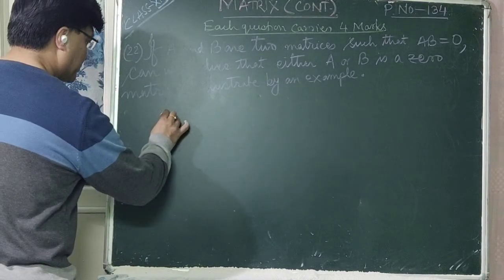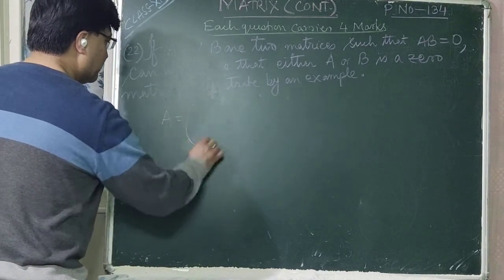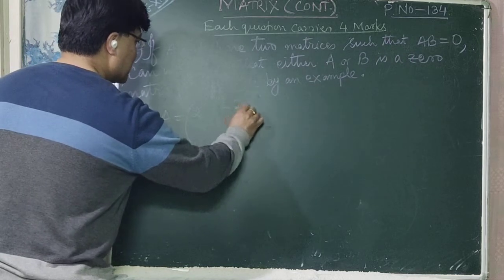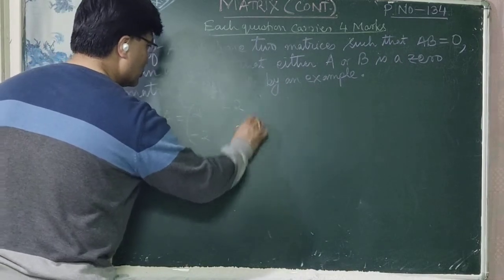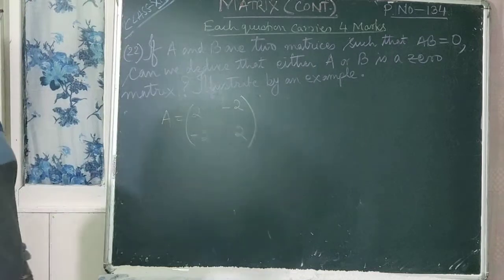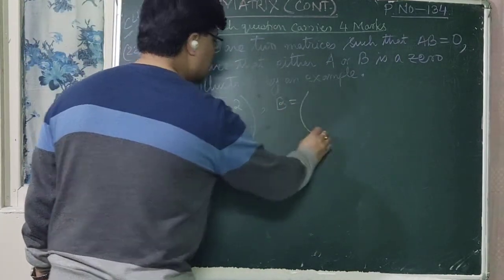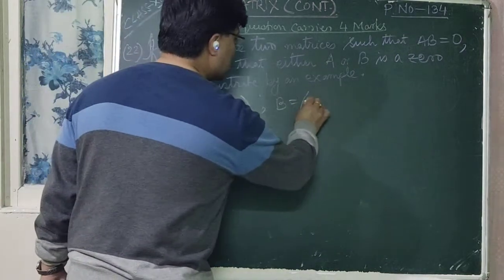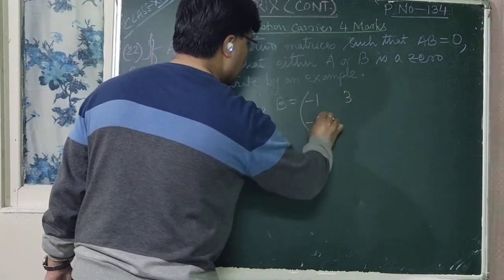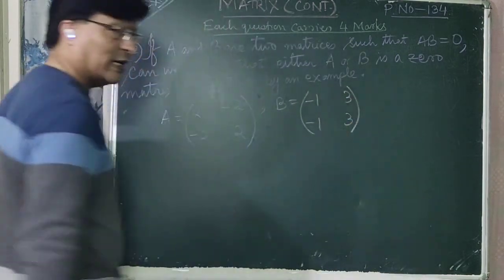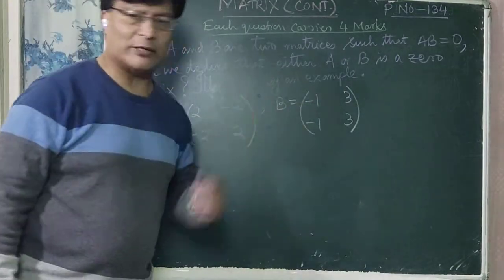So suppose A is equal to [2, -2; -2, 2]. So this is not your zero matrix. Again, B should not be the zero matrix. B is equal to, let us write [-1, 3; -1, 3]. Okay? Both are not the zero matrix.